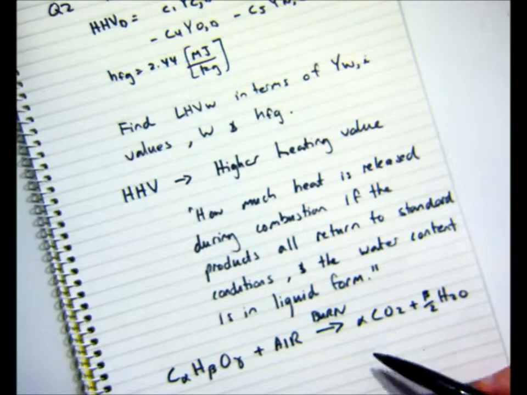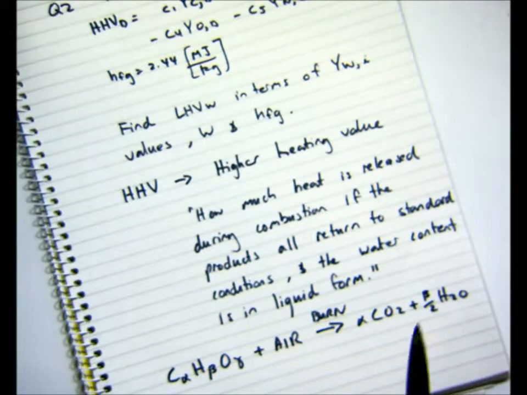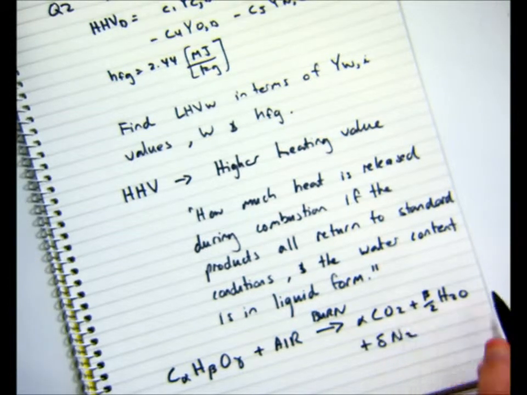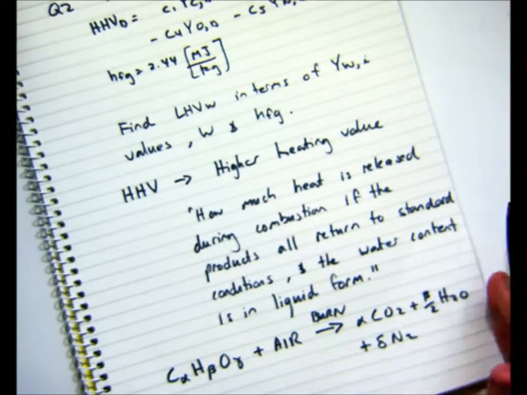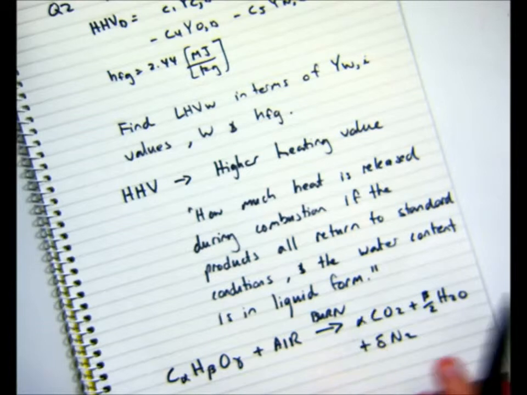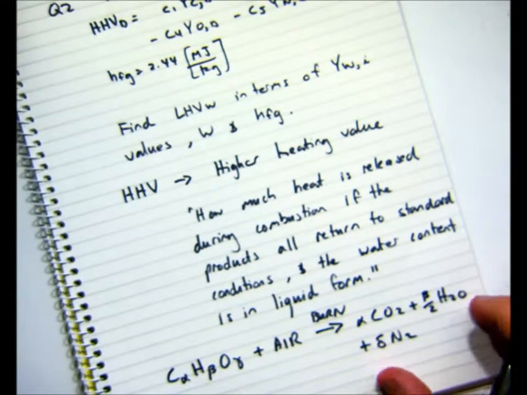So these heating values are all assuming a perfect stoichiometric balance between fuel and air. And because you've got air, you've got some amount of nitrogen left over. But anyway, the point is, you start off with some fuel and air in stoichiometric ratio, you burn it, you get your stoichiometric products, and these are returned to standard conditions.